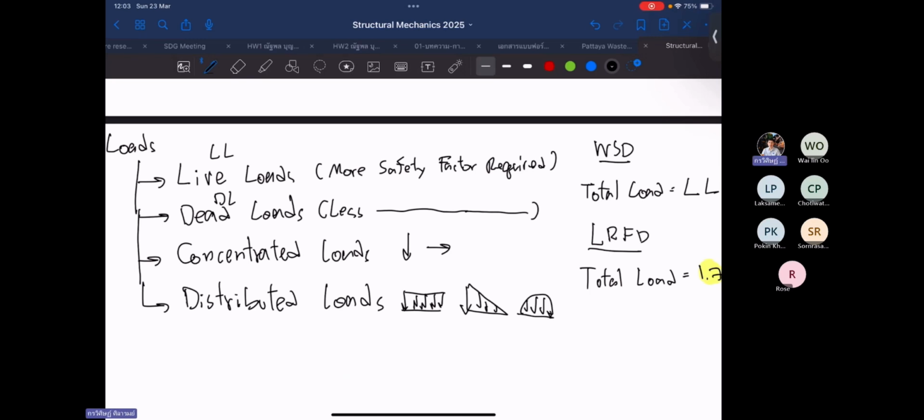Load per unit length. This one is point load, and these are load per unit length.